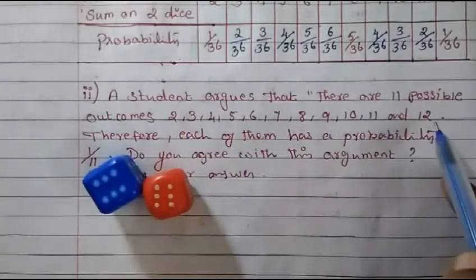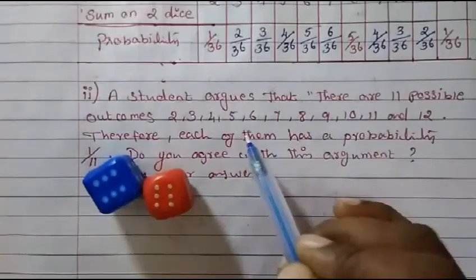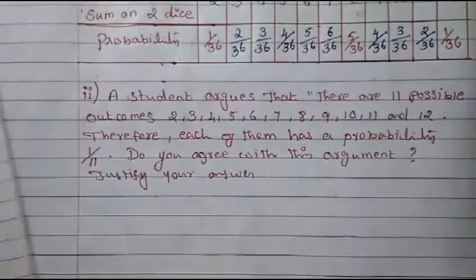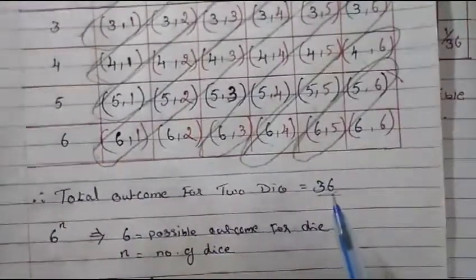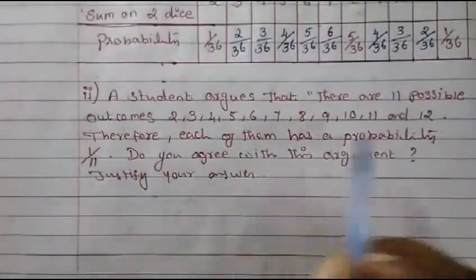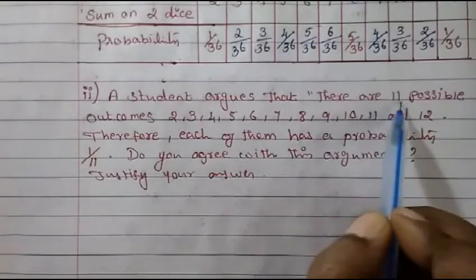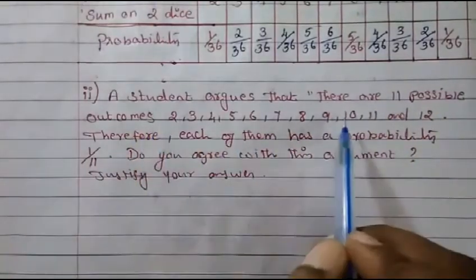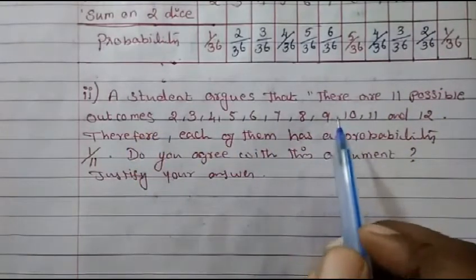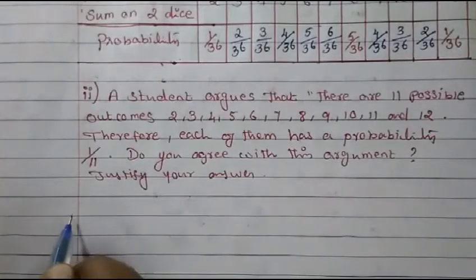So least is 2 and the maximum is 12. For this, all the possible outcomes, just now we had seen, we have 36. But the student is arguing here that there are 11 possible outcomes for this. So this itself is a wrong answer.